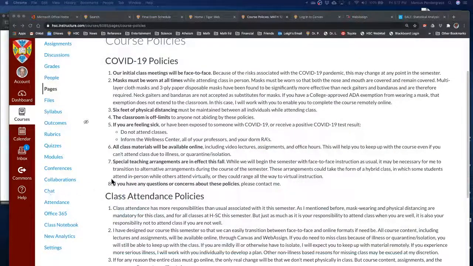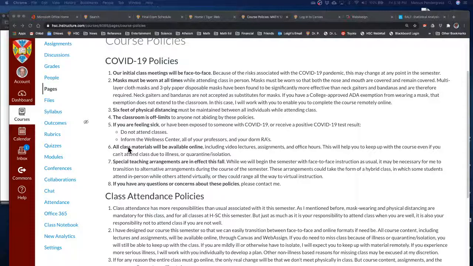So, all the class materials are going to be available online, and this is again to facilitate that sort of transition if it needs to happen. Maybe a student gets ill. Maybe it's not even COVID-19. Maybe it's just the flu, or maybe it is COVID-19, or maybe a student just gets exposed to COVID-19 and has to go into isolation while their test results are being processed.